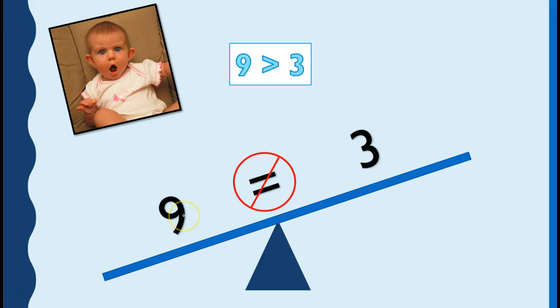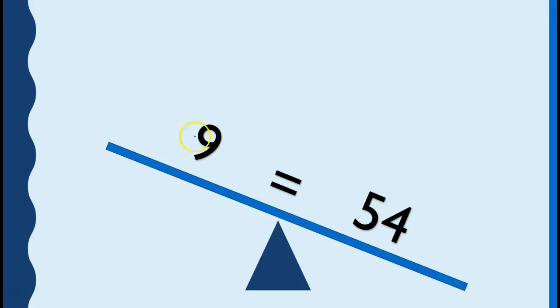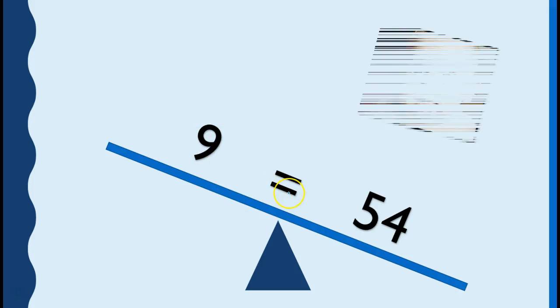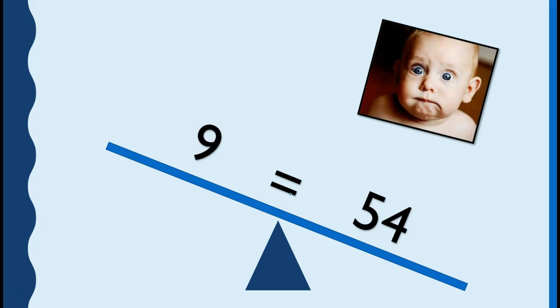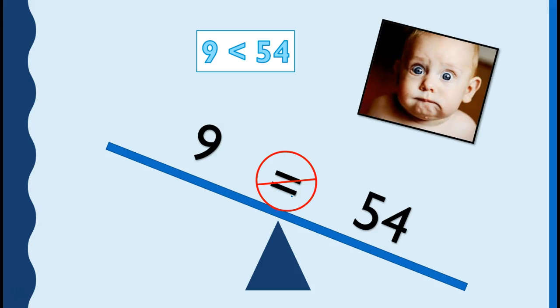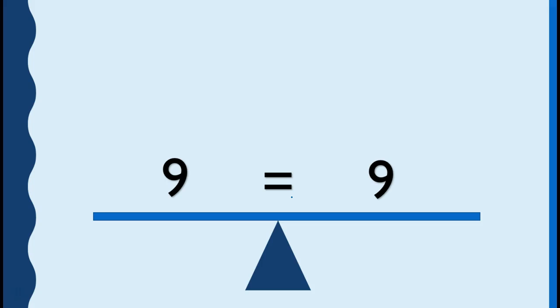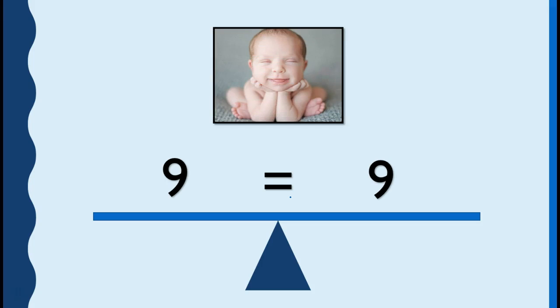Because 9 is heavier. It's bigger. It has more value than a 3. Same is true for the other side. I would never say 9 equals 54. No way. I would say 9 is less than 54, right? So you would only use that equal sign if both sides were the same value, and that puts the world at peace.